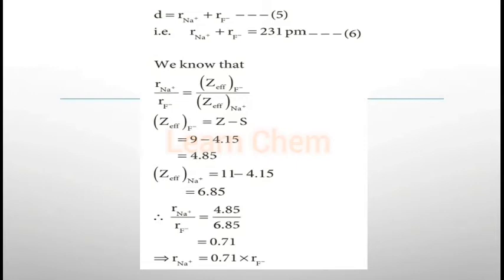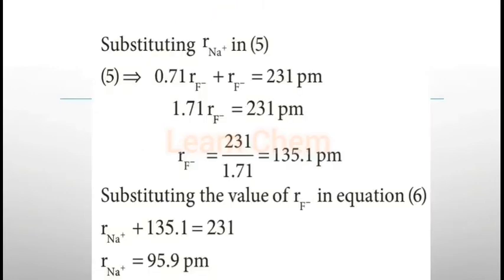If you apply this value in the equation, it becomes 0.71 radius of fluorine plus radius of fluorine equals 231 picometer. So 1 plus 0.71 is 1.71, which is equal to 231 picometer. So the radius of fluoride ion is 231 by 1.71. The answer is 135.1 picometer. So we determined the radius of fluorine.